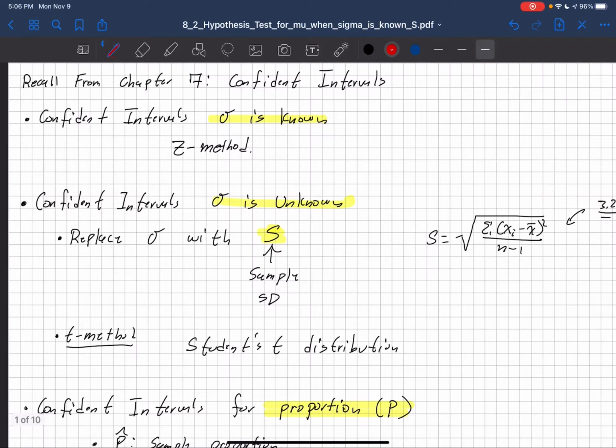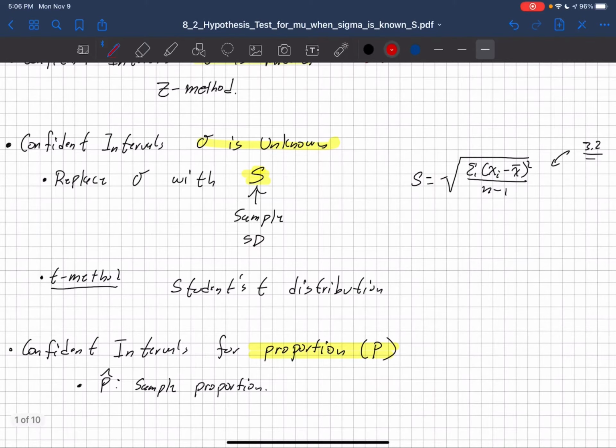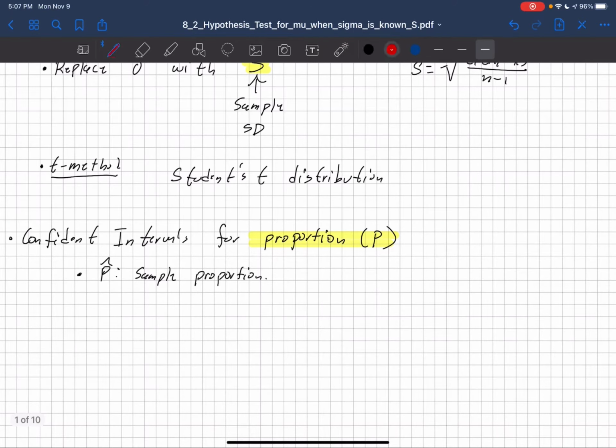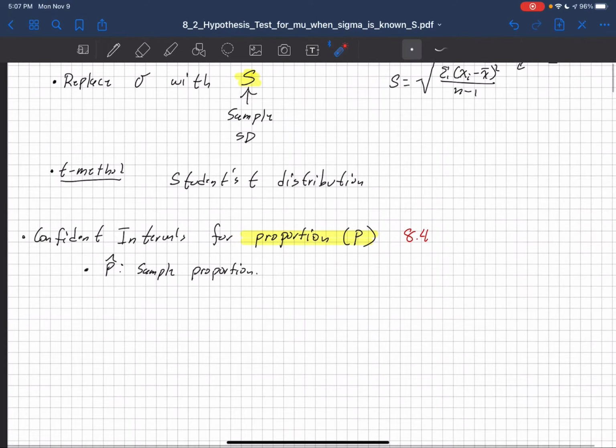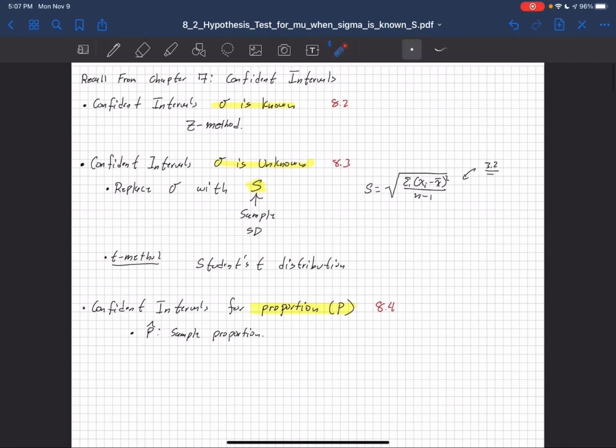Right now in this section, 8.2, we're going to deal with hypothesis testing when sigma is known. Later in 8.3, we're going to deal with hypothesis testing when sigma is unknown. And finally, in section 8.4, we're going to talk about hypothesis testing dealing with proportion. So that's a little overview of what we're going to do throughout chapter 8.